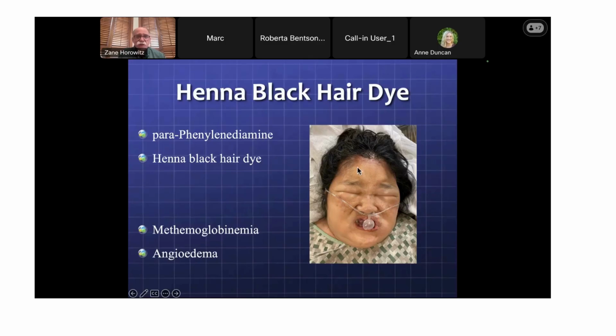And she also had substantial methemoglobinemia, which is the other thing that this PPD can do. So if henna is the agent, and their pulse ox is 85%, think methemoglobinemia.